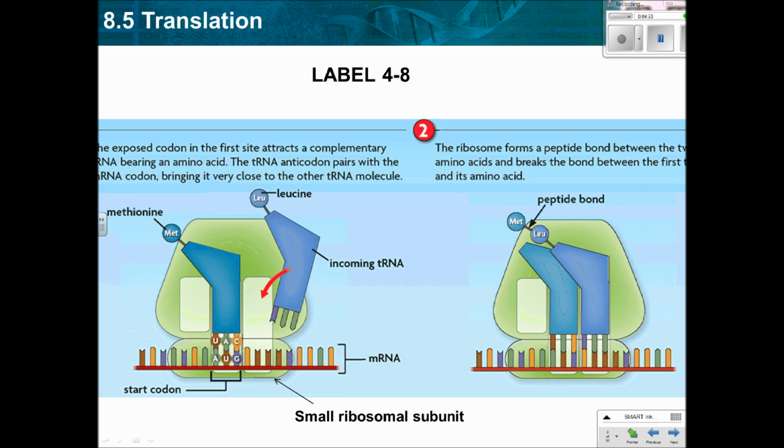Number 5 is the what? Start codon. Like I said, here's that methionine again. The code for it is AUG. Number 5 is the start codon.